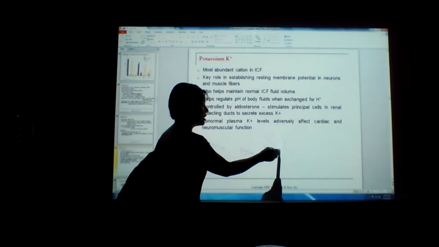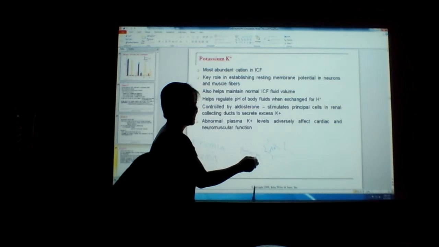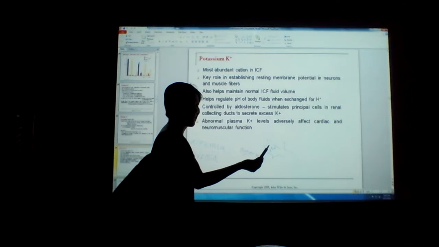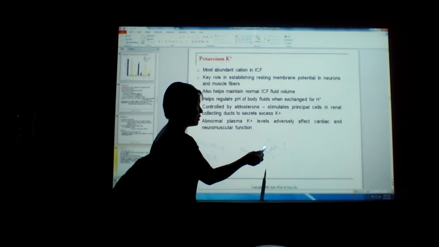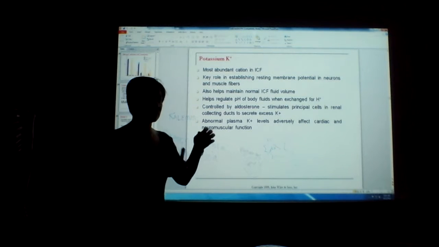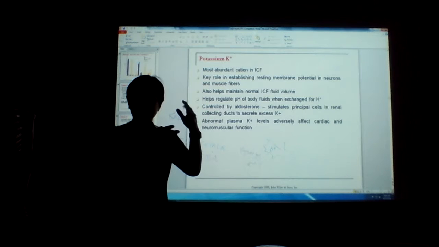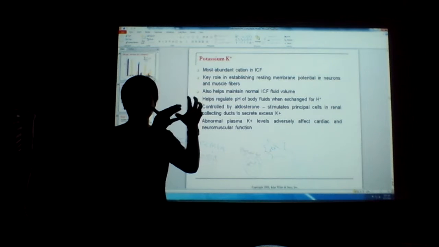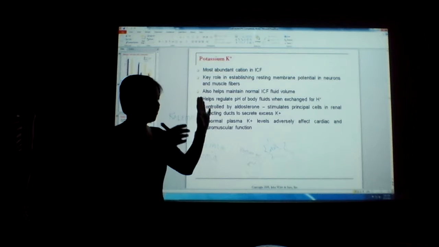Will it make it more negative or less negative? Less negative. So if you have hyperkalemia, too much potassium, it may lead to increased nervous activity and eventually lead to convulsions. That's why we don't want hyperkalemia.